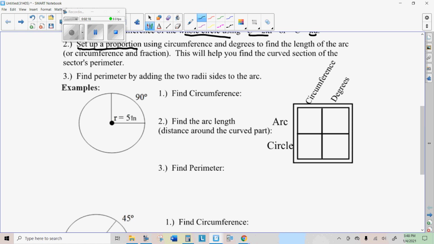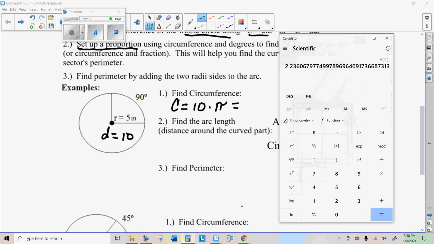So first thing we're going to do is find the circumference. I like just doing diameter times pi. So I might write down, if the radius is 5, the diameter is 10. So the circumference is 10 times pi. And so if we use 3.14 for pi, then we get 10 times 3.14 equals 31.4.